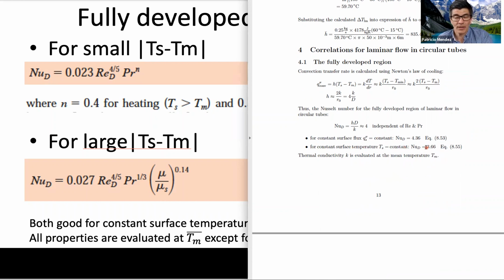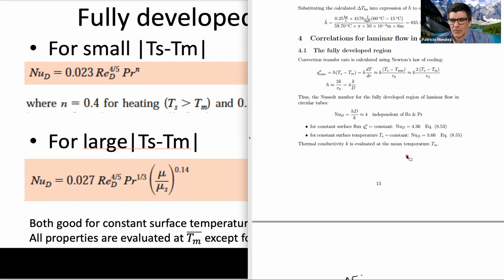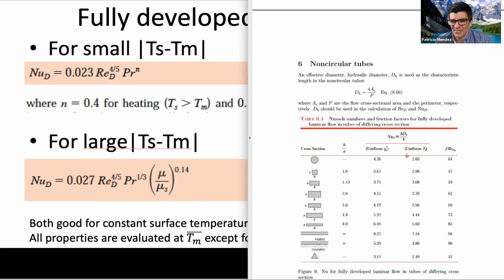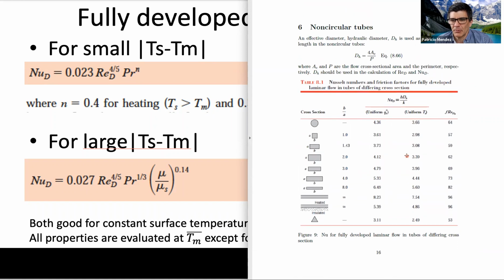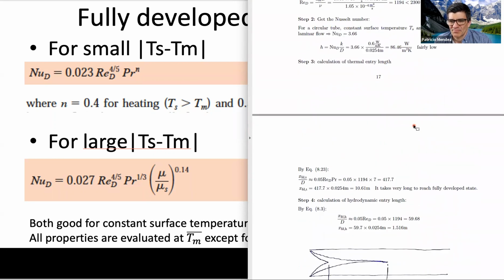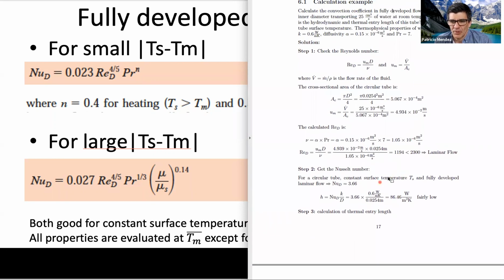That's just a number. Look how easy. No Reynolds, no Prandtl, no nothing. This is what it is. By the way, in this table, which we'll discuss later, it tells us for a pipe of circular cross-section, depending on if it is uniform heat flux or uniform temperature, constant surface temperature is 3.66. And we put it here, 3.66.